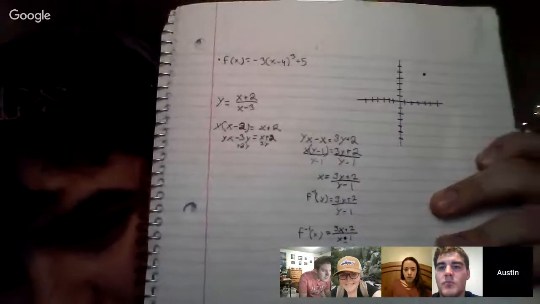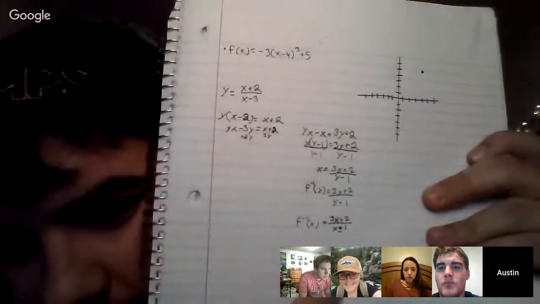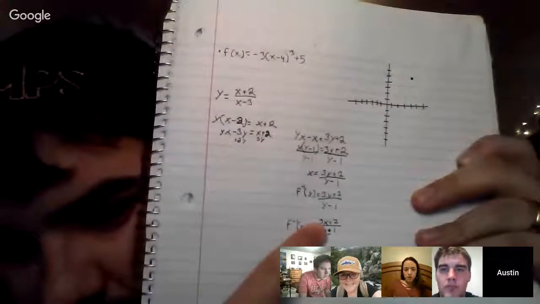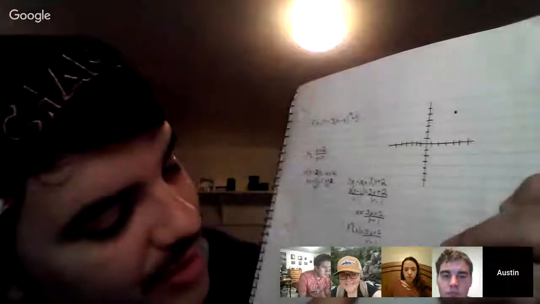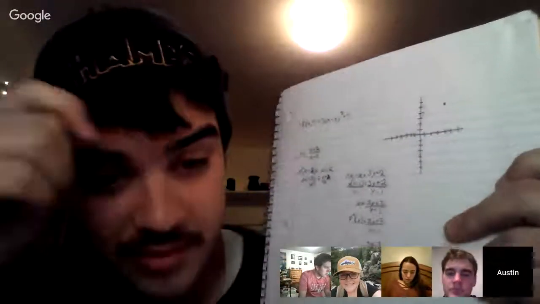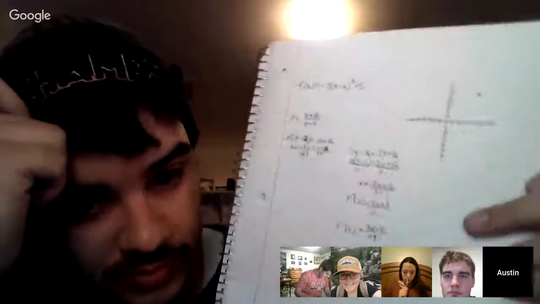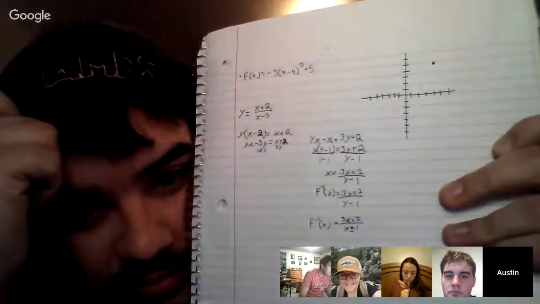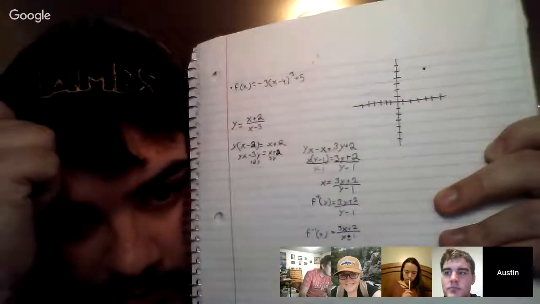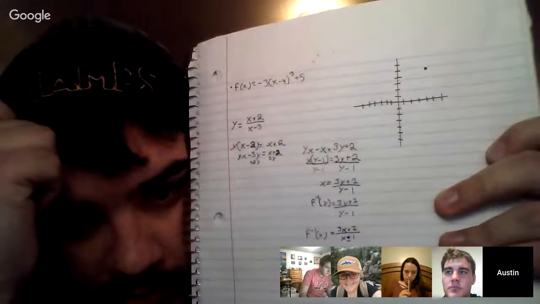Very bottom, right here. So f minus 1 of x equals 3x plus 2 over x minus 1. Okay, good. That's what I got. The hard way though, because I just switched. I did this the hard way.